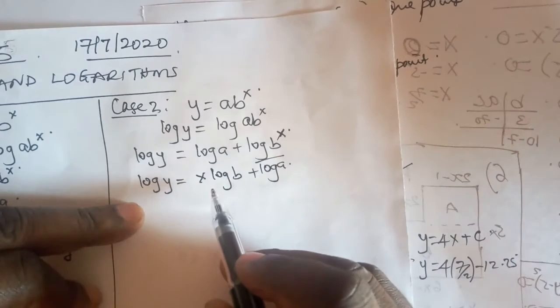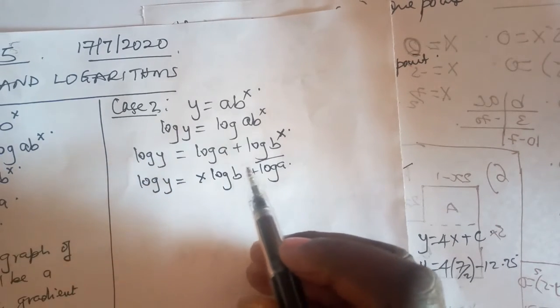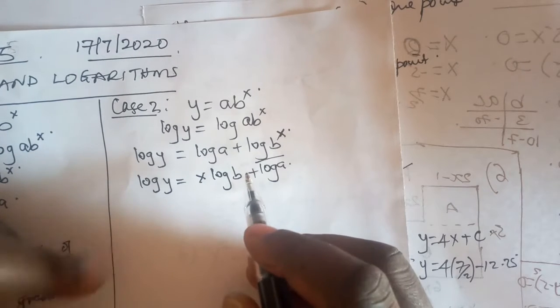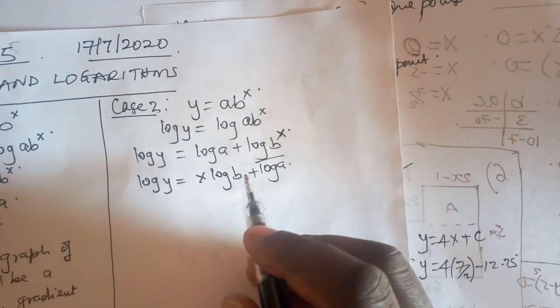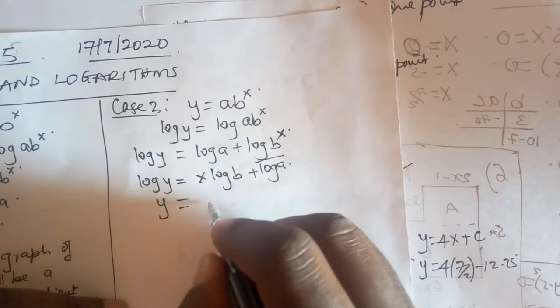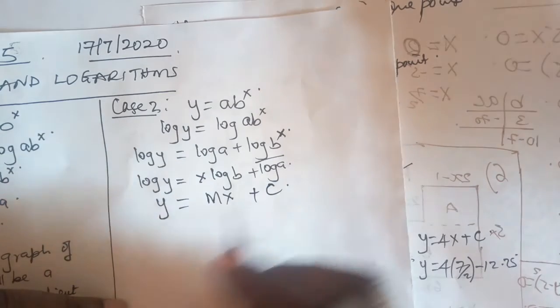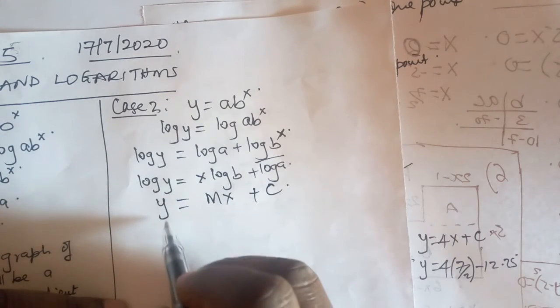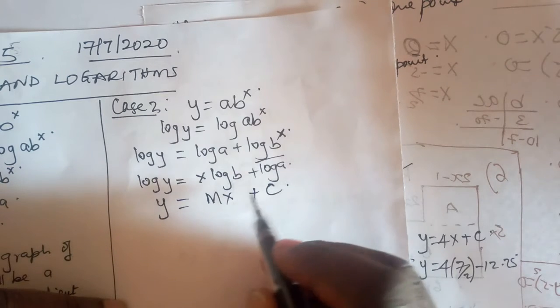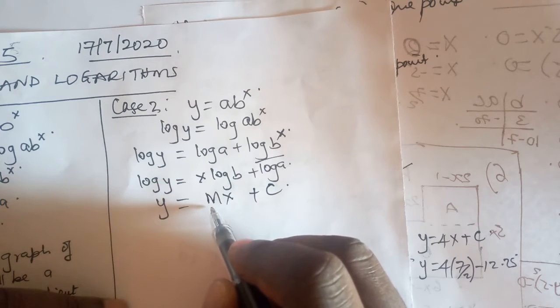The reason why I've written the term having x in the middle is so that when we compare, we will see the comparison outrightly. When we compare this with y equals mx plus c, you can already see that log y takes the position of y, and log b will be the value of m.